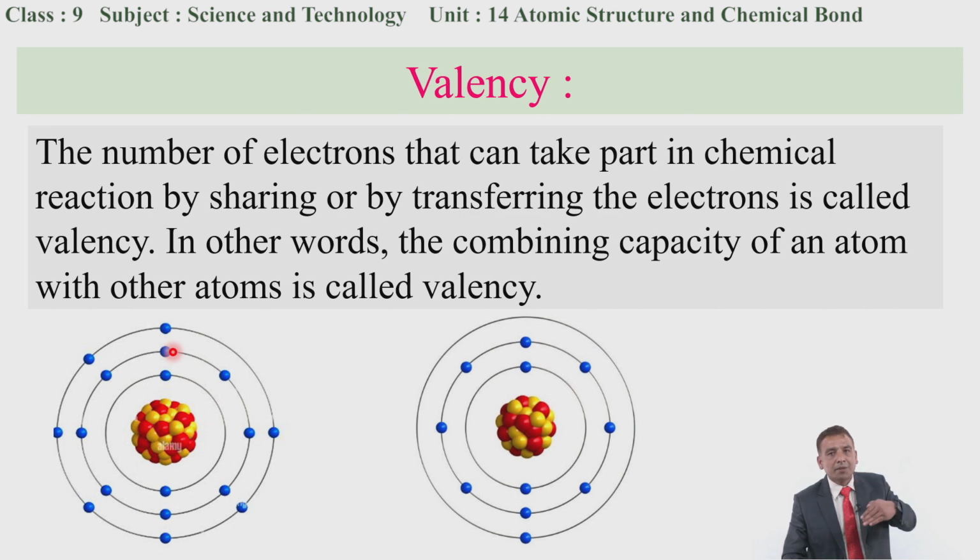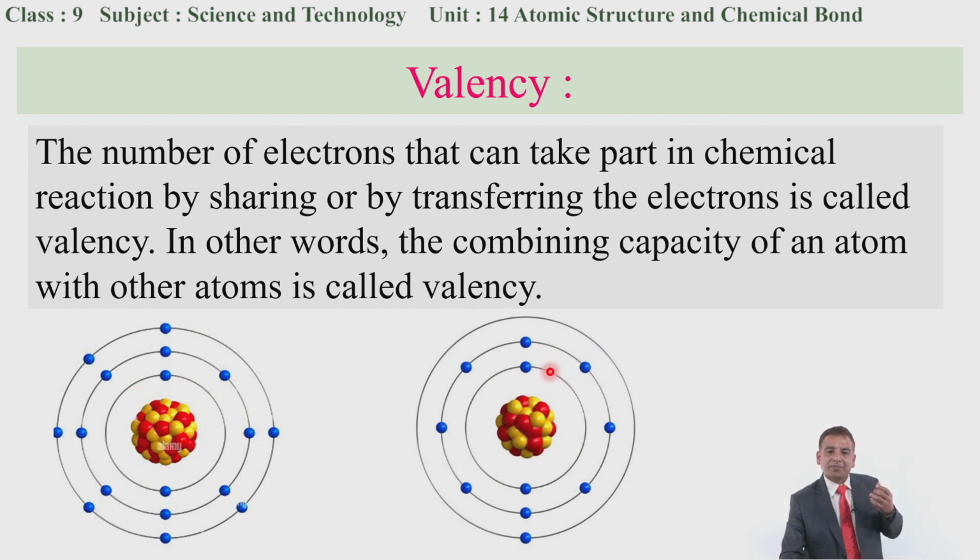That means it becomes a bit more stable. So it needs one more electron. It has valency 1, because to make a bond with other atoms, it requires one more electron. So the valency of this atom is considered 1, because it has just gained 1 electron to become octet.